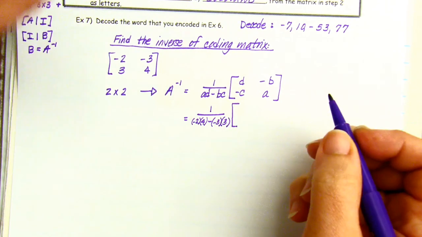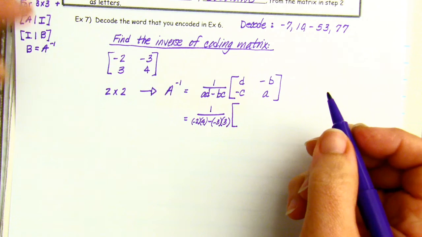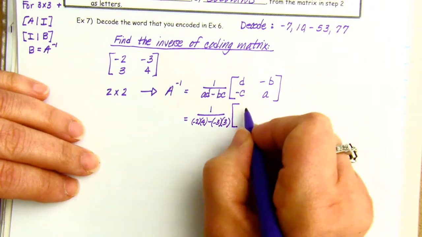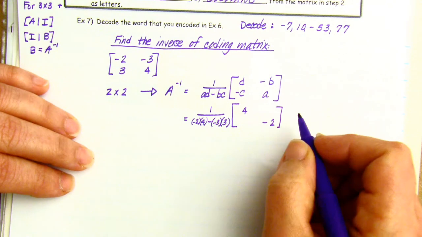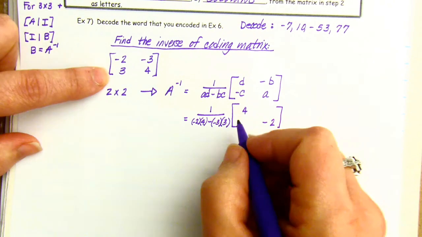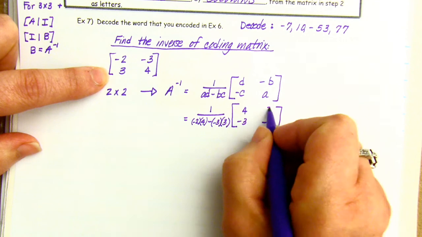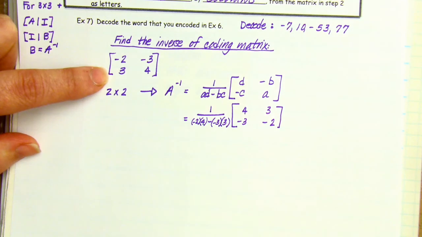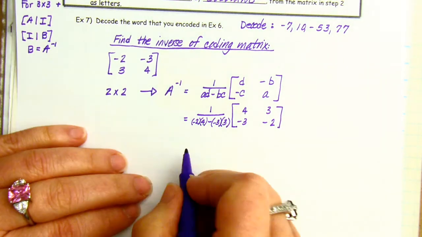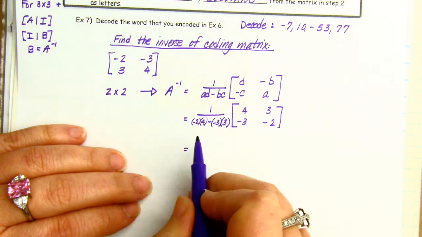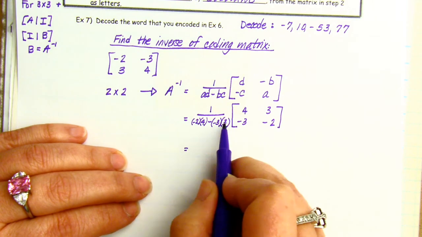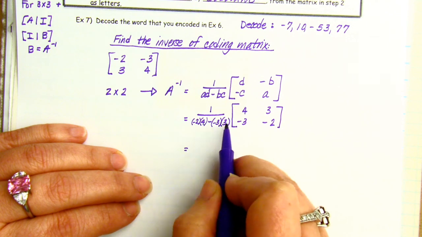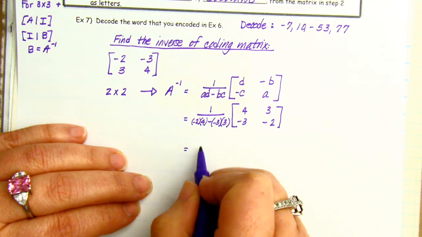Multiplied with, remember you switch the A and the D for -2. And then you negate these. So this would be -3 and this would be +3. Alright, let's take care of what's in the bottom here. This is -8. This is -9, but -8 minus -9 is really -8 plus 9, or 1.